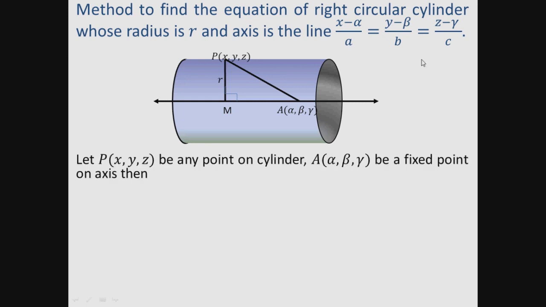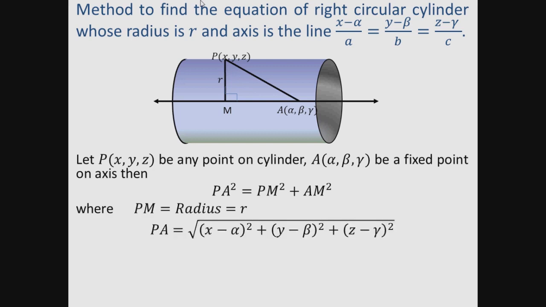Then you can see this PMA is a right angle triangle, and therefore by using Pythagoras theorem we have PA square equal to PM square plus AM square. PA we can get by using the distance formula. PM is equal to the radius.